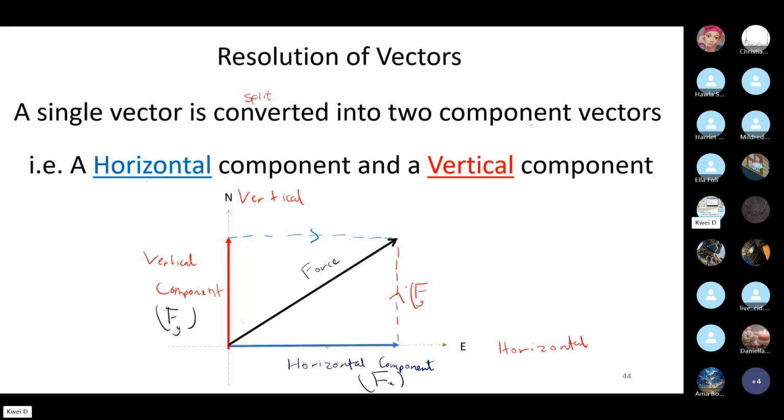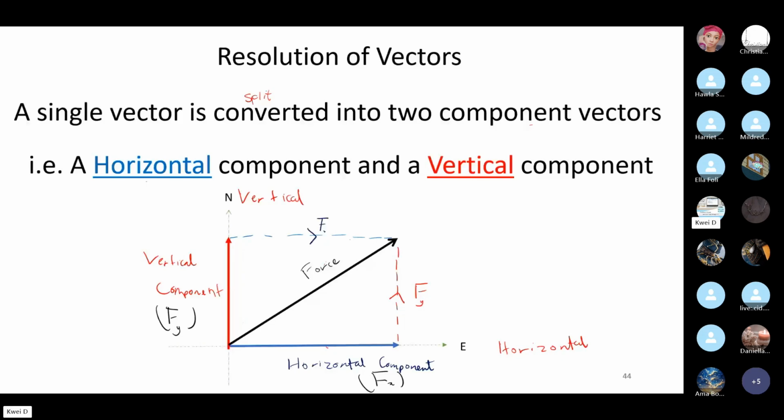And then the blue is the same as what? The F subscript X. Same in magnitude, the same size. So that's Fx. Good.